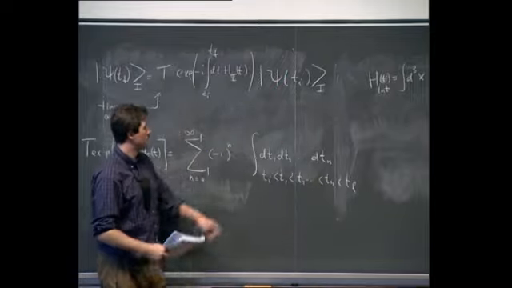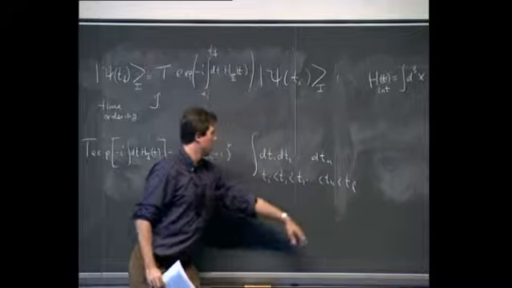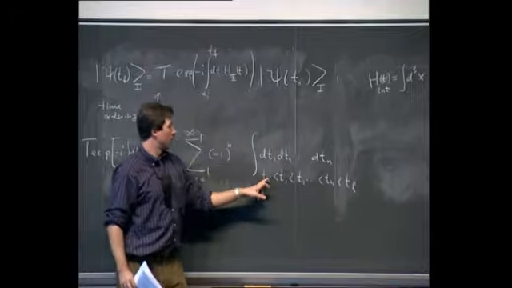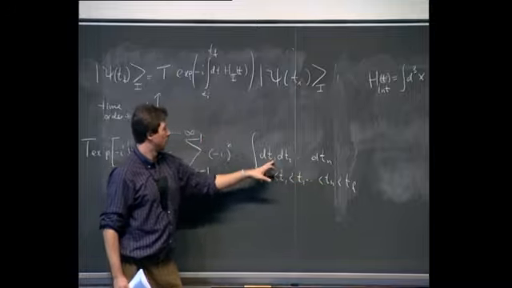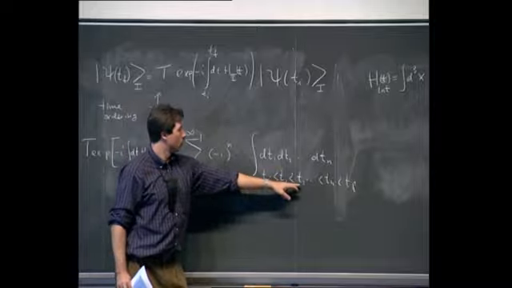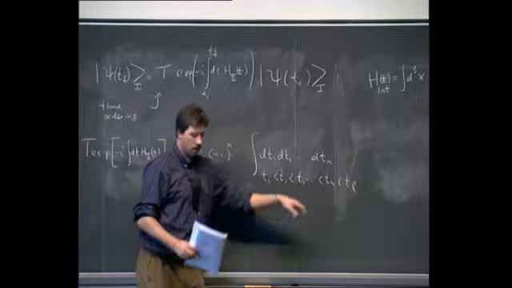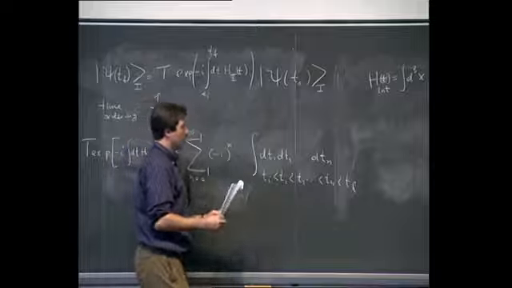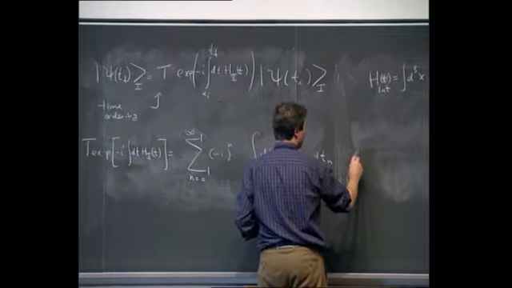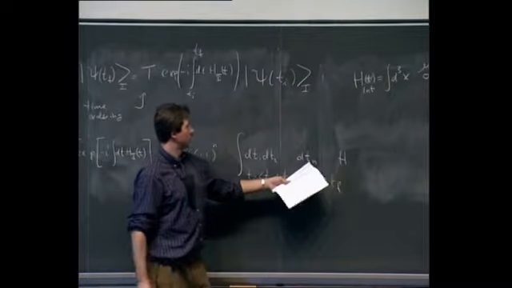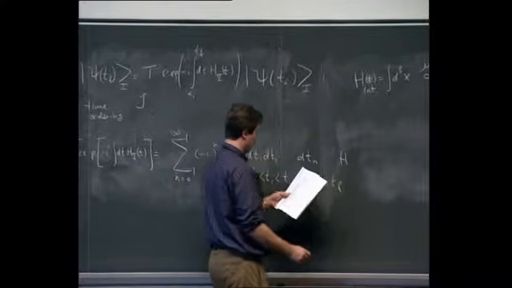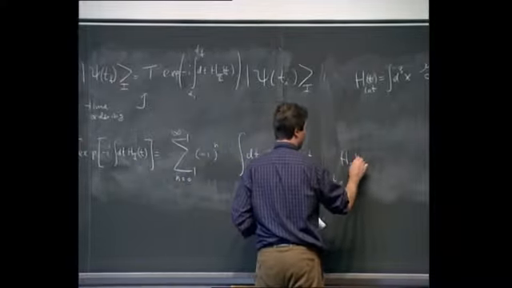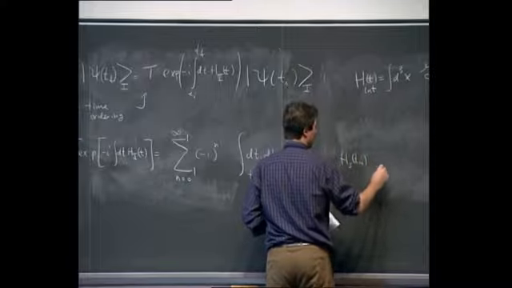So I had an initial time and a final time, and all of these integrations are in between those, but in such a way that t 1 is the earliest time, t 2 is the next one, and t n is the last one. And then the way that the operators should act is that the operator which is the last one should act also the last one as the last operator.